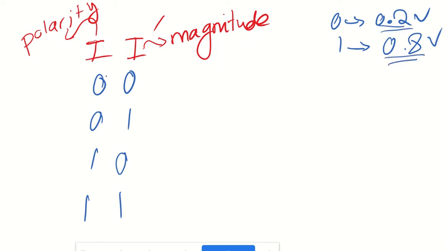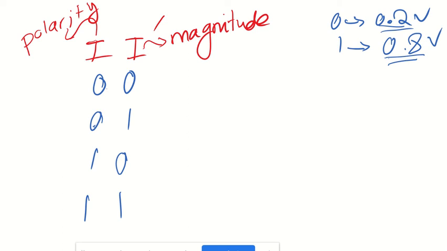And then this is the polarity. 0 will be a 180-degree phase shift, right? So that will be my minus cosine theta, and 1 is just my cosine theta.